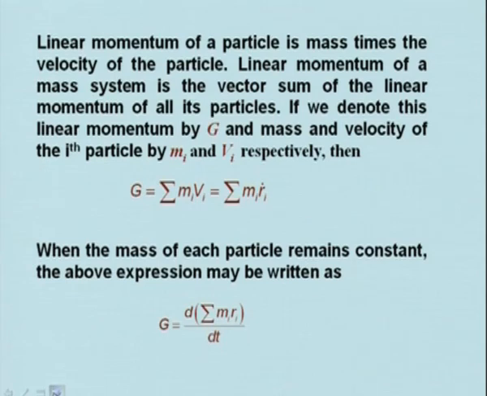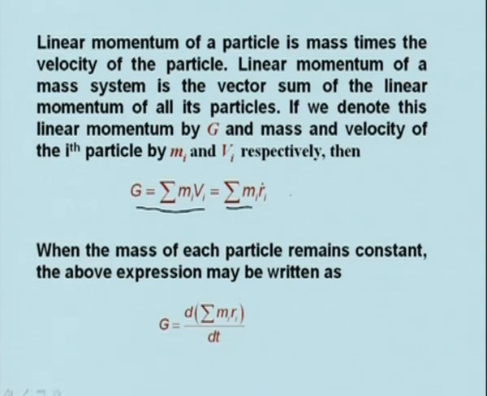If we denote the linear momentum by g, and the mass and velocity of the ith particle by mi and vi respectively, then g is equal to sigma mi vi. We get this for a system of particles, and this is equal to sigma mi ri dot, where ri is the position vector of the particle.